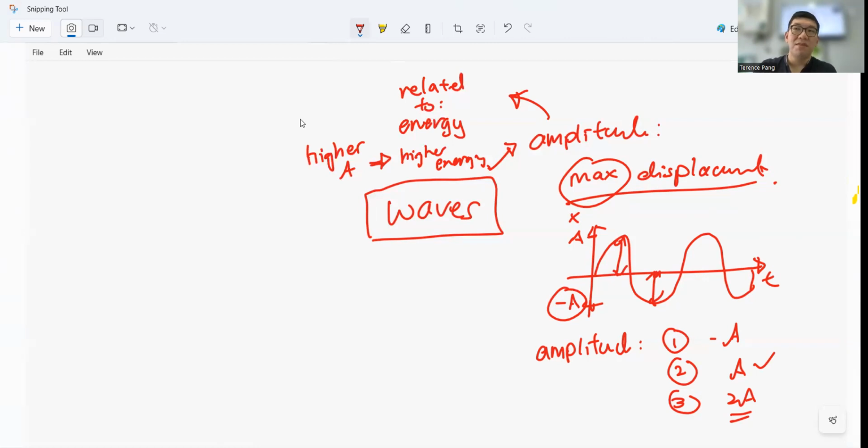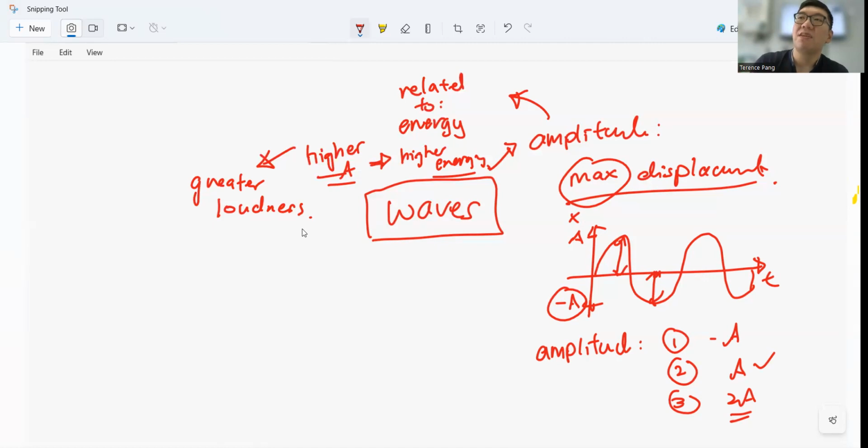Okay? In terms of sound, there's also a relationship. Do you know? Higher energy or higher amplitude in sound means what? Greater loudness. A higher amplitude means greater loudness.